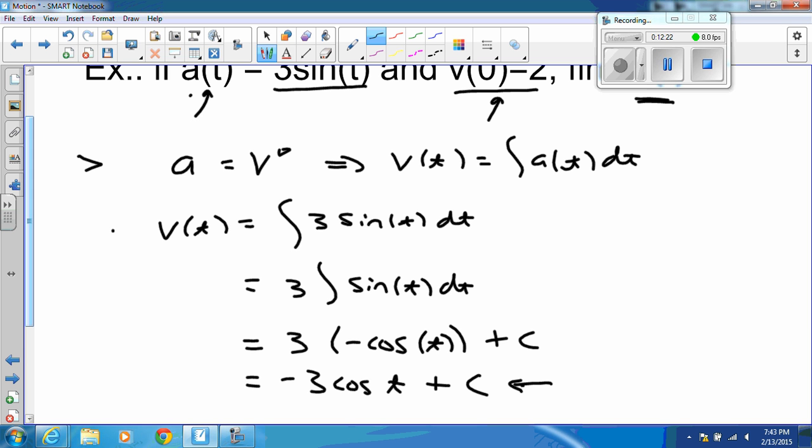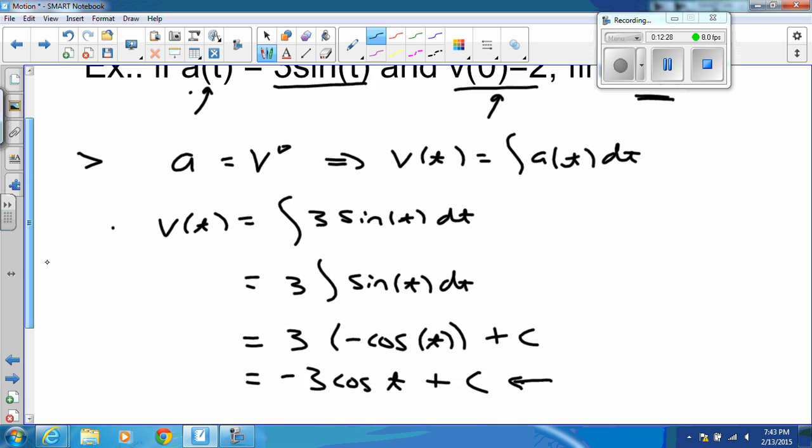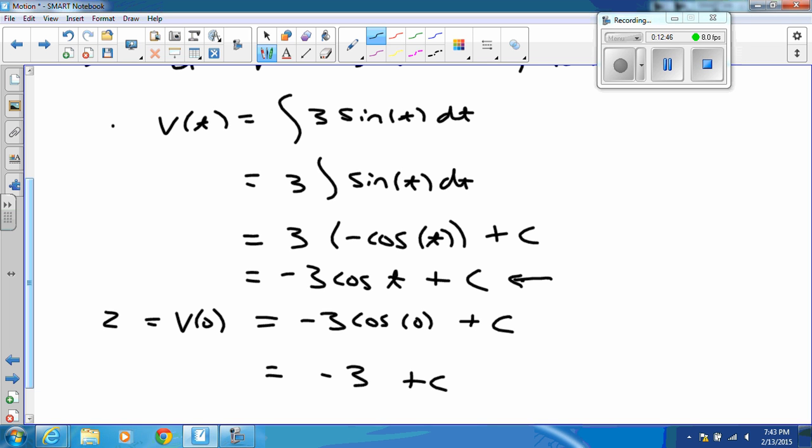Now, having found the velocity, we notice that the velocity depends upon a constant of integration, reflecting the initial condition that was given to us, v of 0 equals 2. So I can now use that initial condition, v of 0 is equal to 2, by plugging in 0 for t and 2 for v.